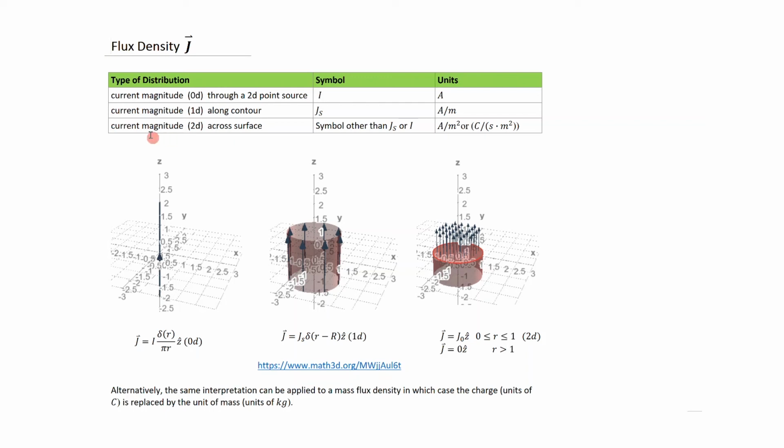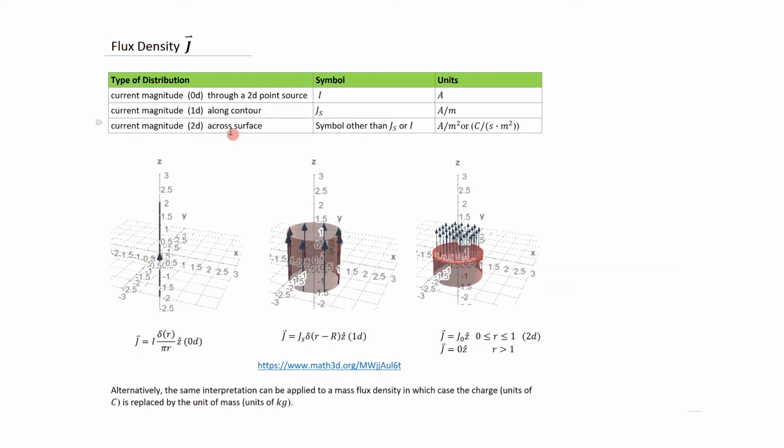Or you could have current flowing through an actual surface, in which case it would be a 2D type of problem. In this case, if the current is flowing through a filament, then the current is I, and its units are amps. If the current's flowing through a contour, then the current density at any given point along the contour would have units of amperes per meter, and it's given the symbol J subscript S.